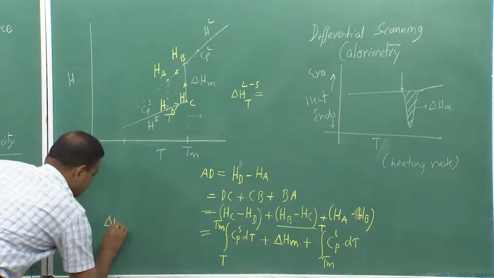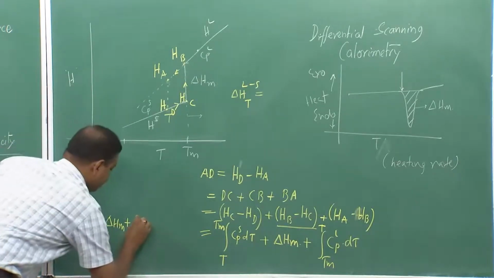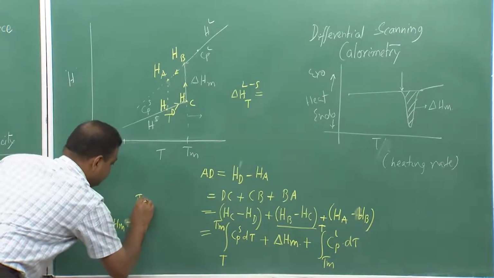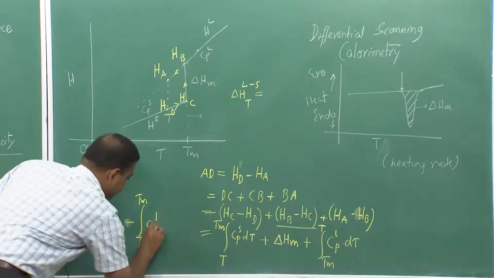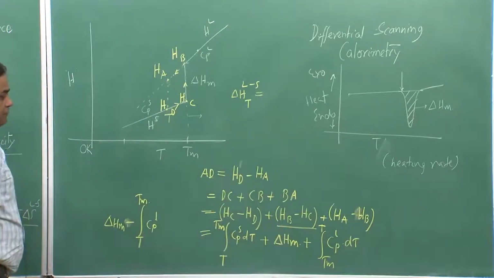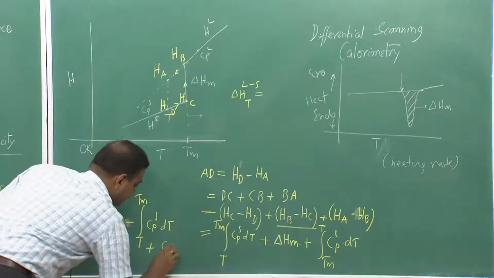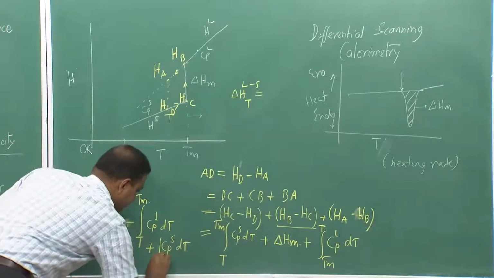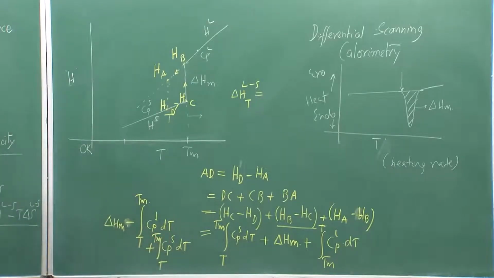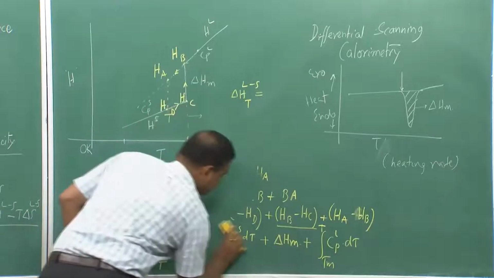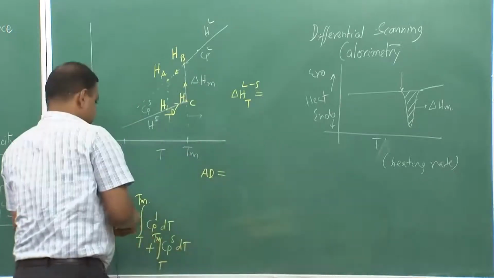So, if I take this particular term, I can put it this way, del Hm plus the integral from T to Tm of CpL dT, I reverse the limits of temperature, plus the integral of Cp S dT from T to Tm. I can make a little adjustment, and I will get this.